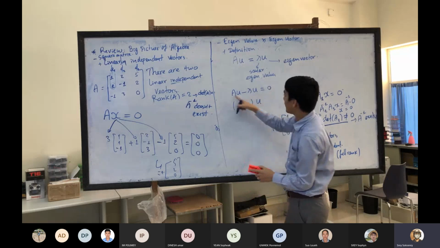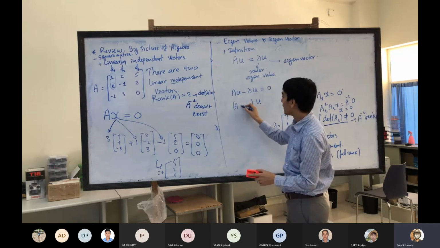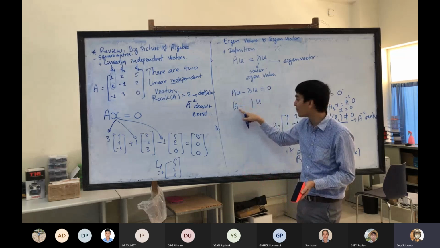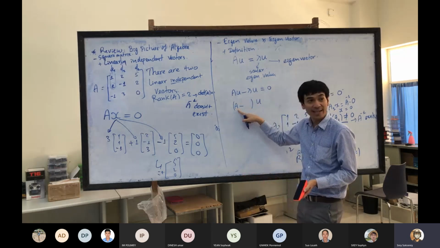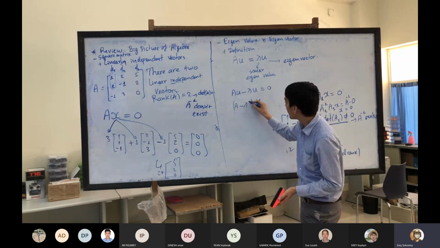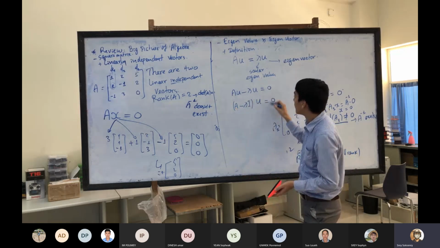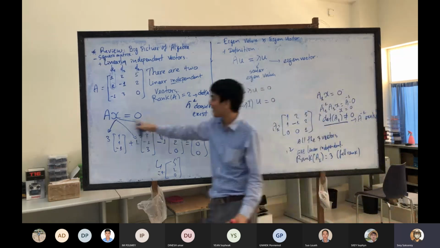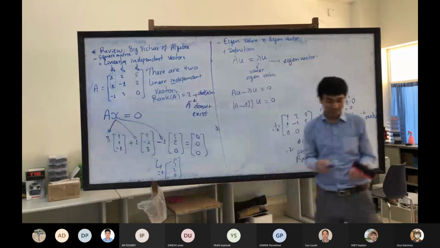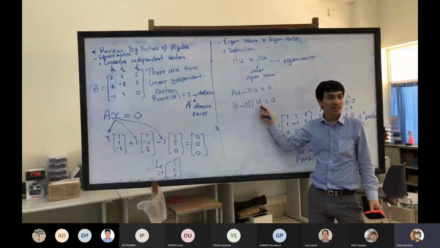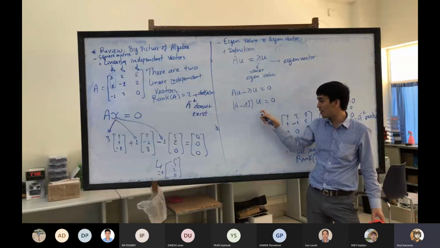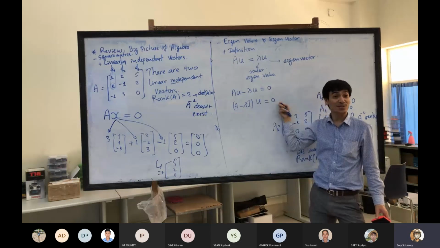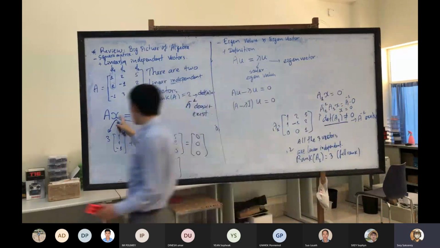Then here you have A minus lambda, but lambda is a scalar, you cannot subtract lambda from A. So you need the identity here. Now you have (A - lambda I)U equals 0. Can you find a nonzero U so that this matrix times U equals 0?